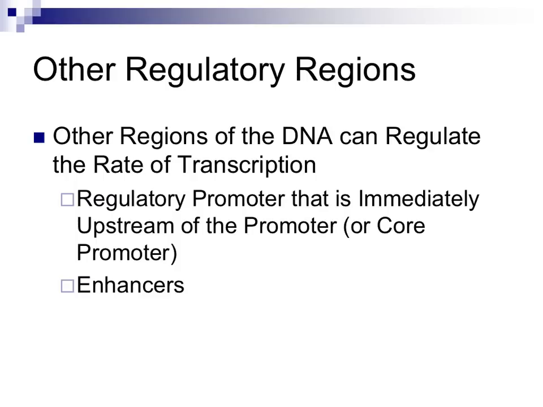Now, other than the promoter, there are other regions of the DNA that can regulate the rate of transcription. Okay. Some of these are also known as a promoter, but with a different name. The promoter, where the Tata box is usually known as just simply a promoter or a core promoter.